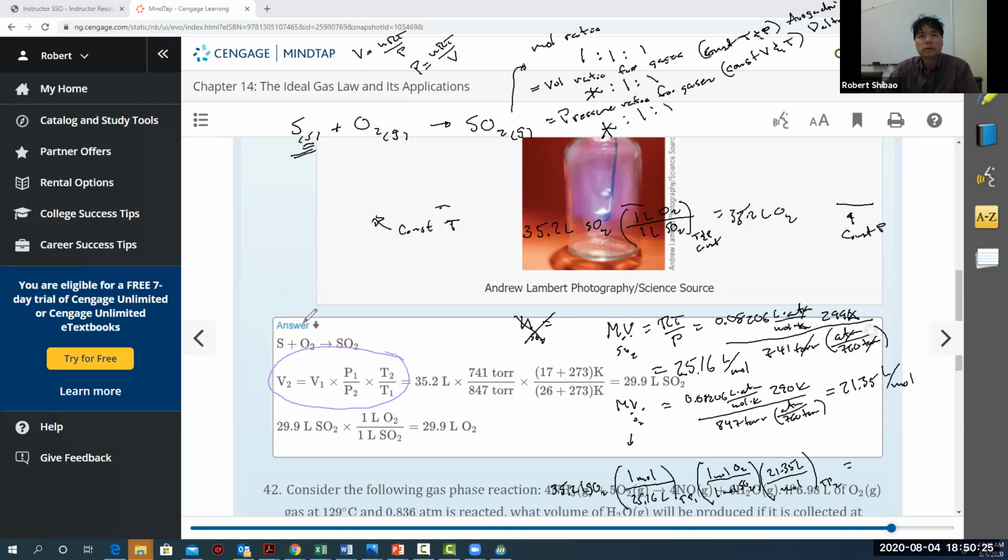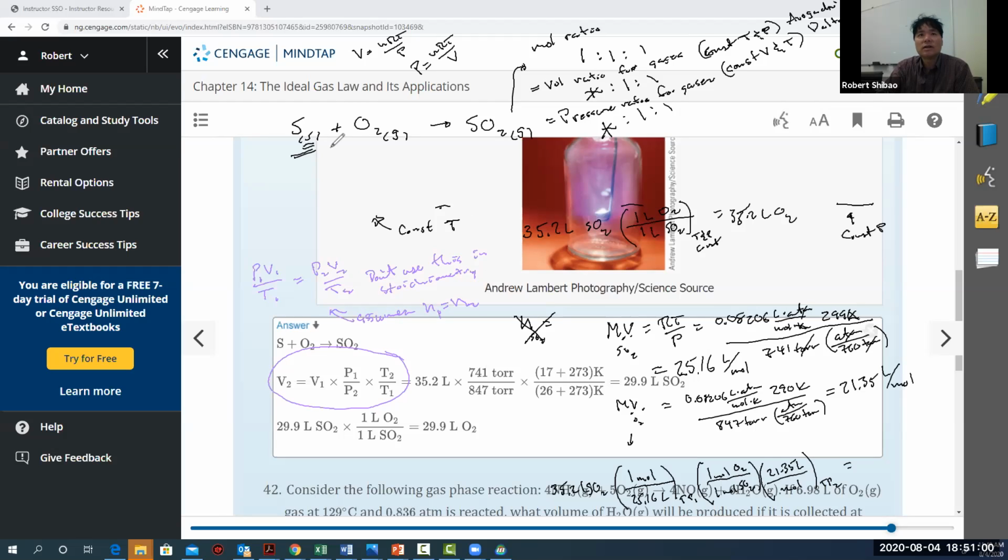So what they're using is P1 V1 over T1 is equal to P2 V2 over T2. The reason, don't use this in stoichiometry. Because this one assumes N1 is equal to N2.